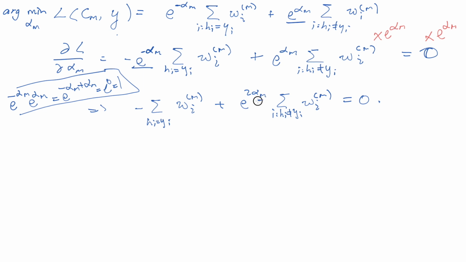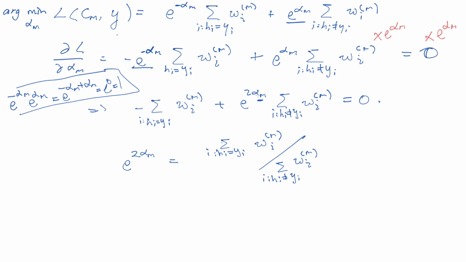Now I want to solve for alpha m, and hopefully you can see it's going to be pretty straightforward. I'm just going to move this summation to the other side, and I'll get e to the power of 2 alpha m equals the ratio, and I should stay consistent, I should put i such that hi not equal to yi.